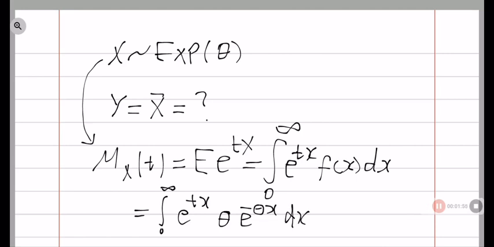We can write this as follows: the integral from 0 to infinity of theta e to the minus x times (theta minus t) dx.